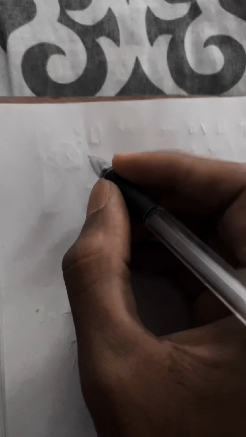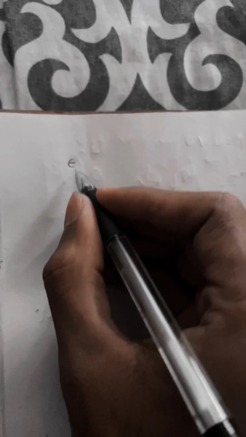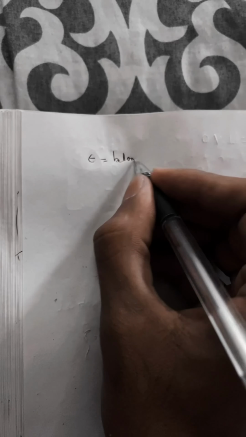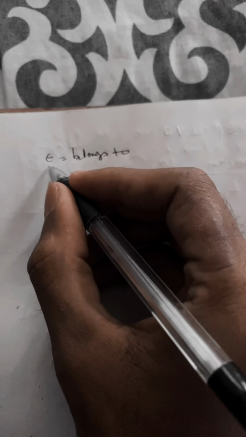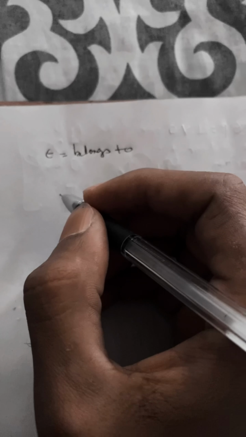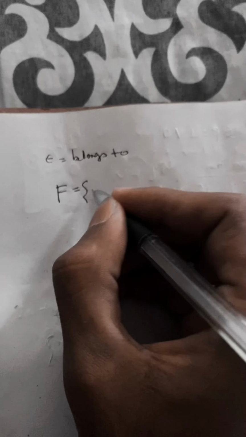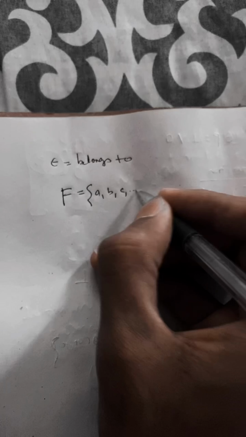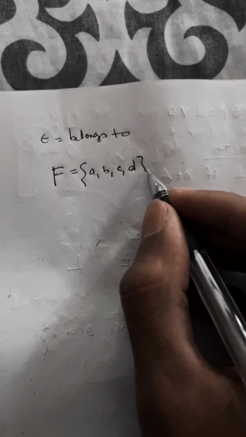So last time we said we have the symbol called belongs to, and we also defined a membership function. If a set F is given and it has elements A, B, C, D, it is a finite set because it has a finite number of elements.